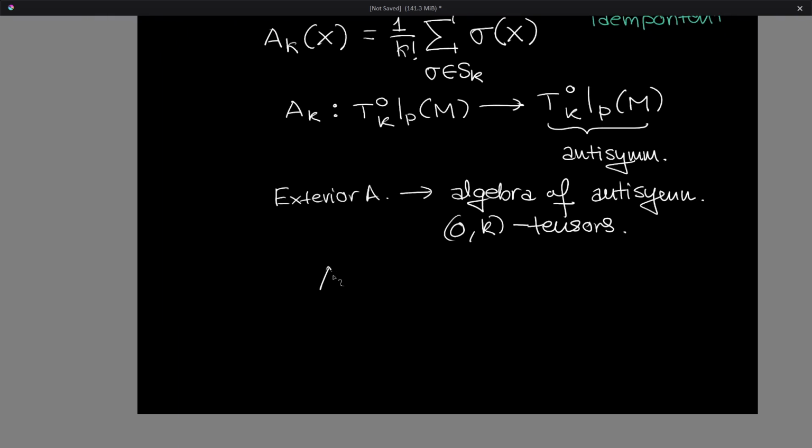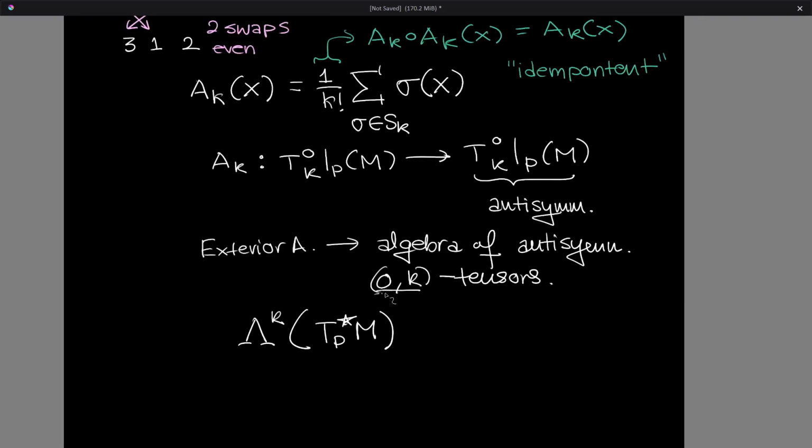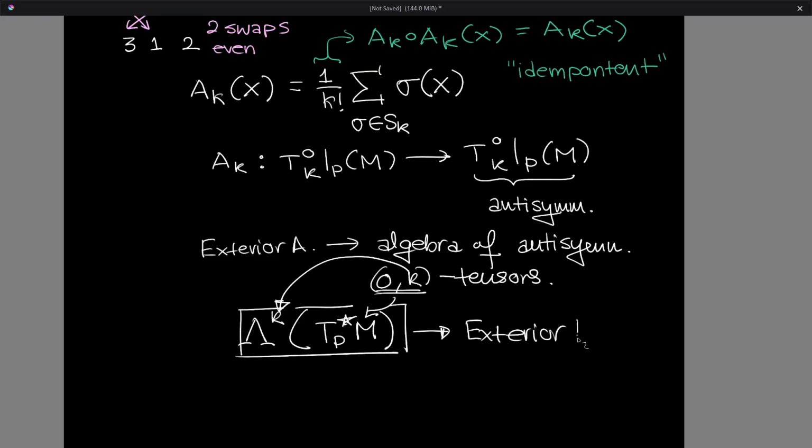It's called lambda k of TP star m. TP star m because we're talking about covariant objects, and the k is what comes over here. So this is it. This is called the exterior form algebra.